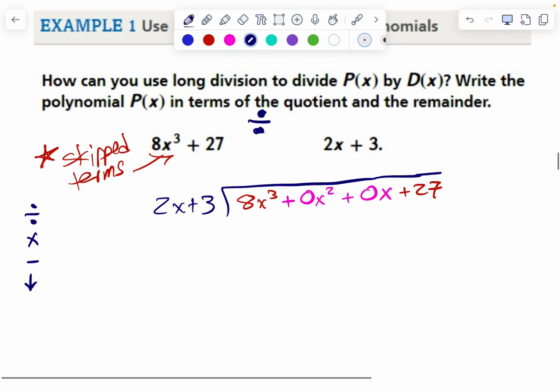So the first question is what in this one? How many times does what was it? Yep, it's just these first two terms. Okay, we're just saying how many times does 2x go into 8x? So I'm going to say round one. Actually, I'll just write that word.